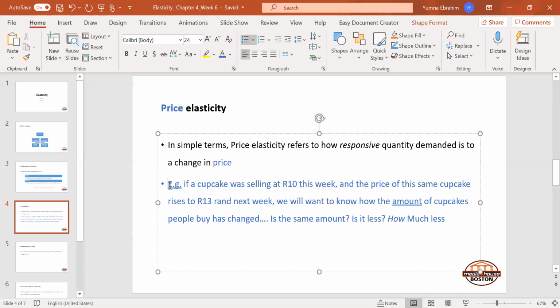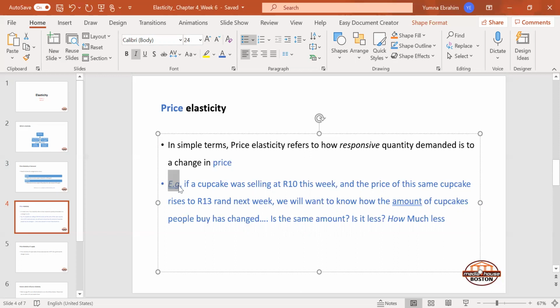I gave a little scenario over here. All of you that know me well know I like my cupcakes, so I use that as an example. If I went to a store and this week the cupcakes were selling at 10 Rand, and then next week I go back, the same cupcake is selling at 13 Rand. The store owner would like to know what has been the impact. We want to know how the amount of cupcakes people buy has changed.